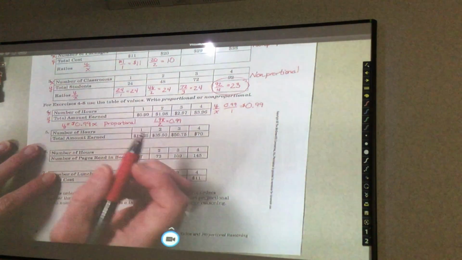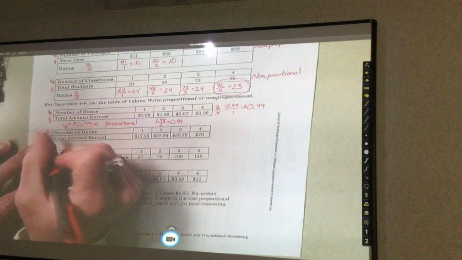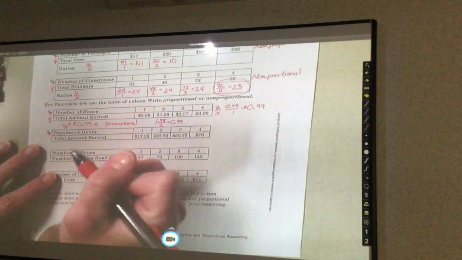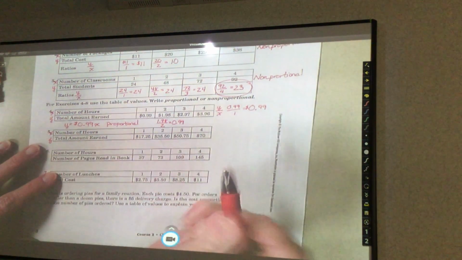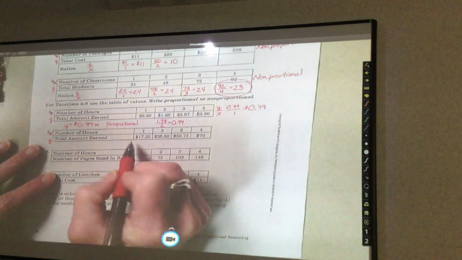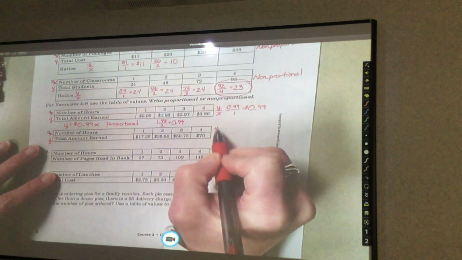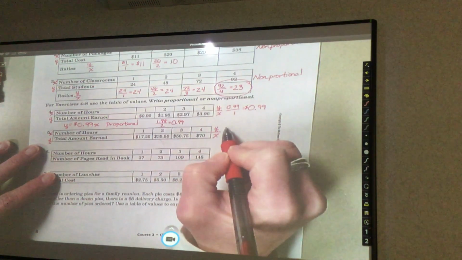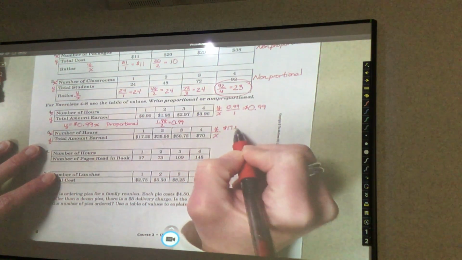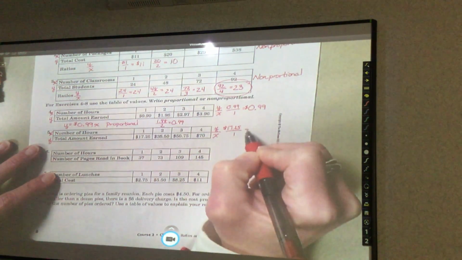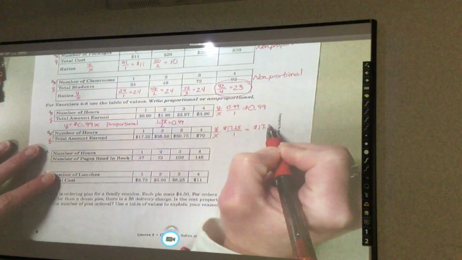That is bad, honestly. Okay, number of hours is my X, total amount earned is my Y. This is more like it. So I'm gonna do Y over X. So I have 1725 over 1, which would be 1725.